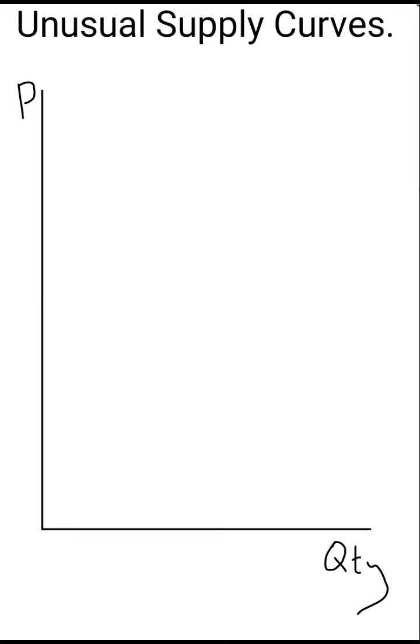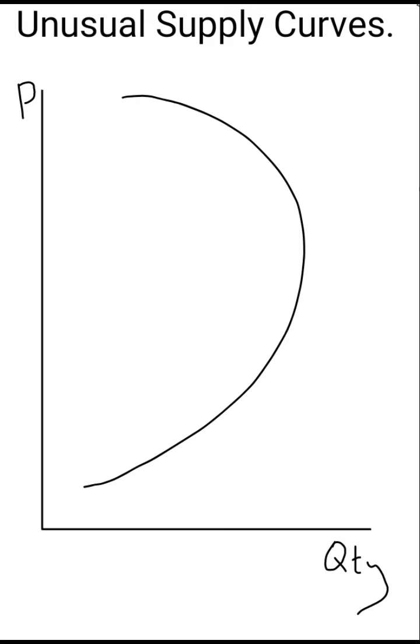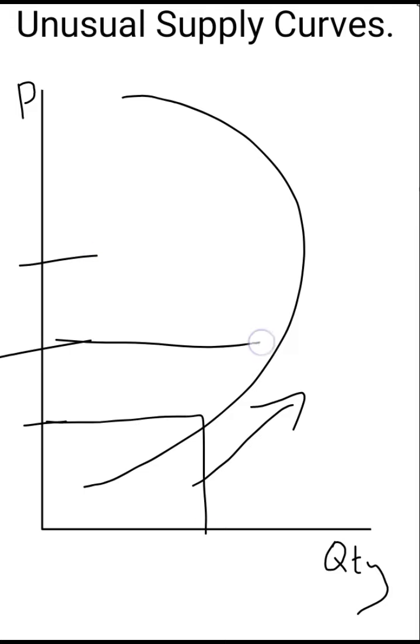And then finally, there's a backward bending supply curve. So it's one that looks like that. And this usually applies to labour. So what is happening here is that normal supply curve rules apply, that as more is made available in the market, then the quantity supplied will increase. But at a certain point, workers start to substitute leisure time, their own free time, for money.